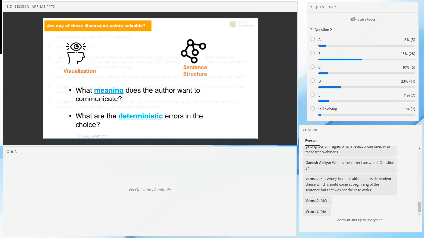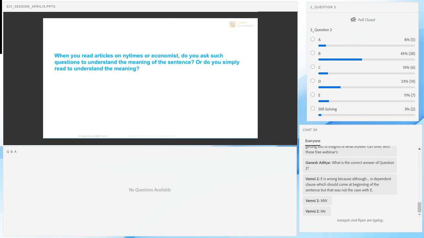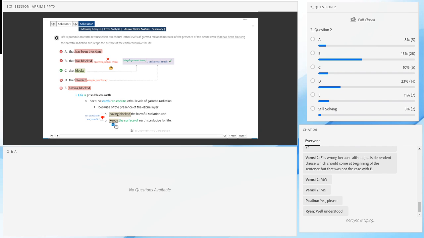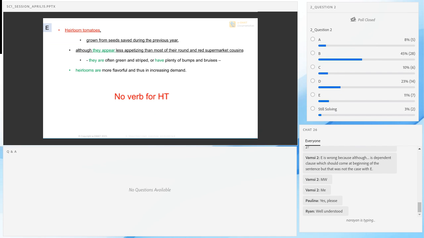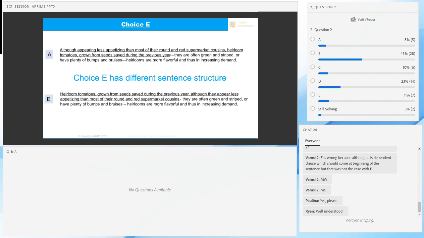Let's go back. Sorry. If you have doubts, I don't want you to have them, because I didn't cover this in detail, and that's why I'm going back. Choice E has a very different sentence structure. It's not that although should come at the beginning. There is nothing like that. That's a misunderstanding, a misplaced rule, I would say.